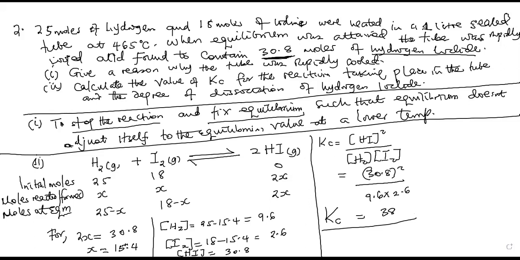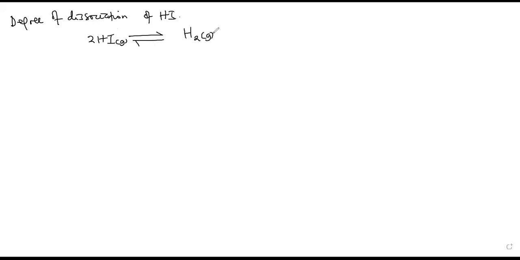For the case of the degree of dissociation of hydrogen iodide, it means that now you have hydrogen iodide dissociating to give hydrogen and iodine.